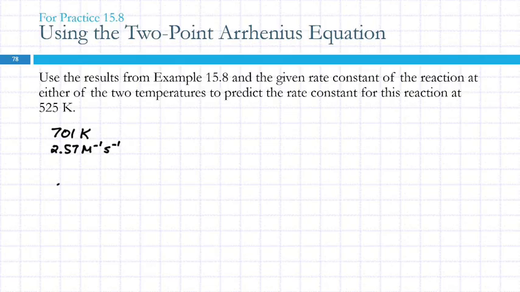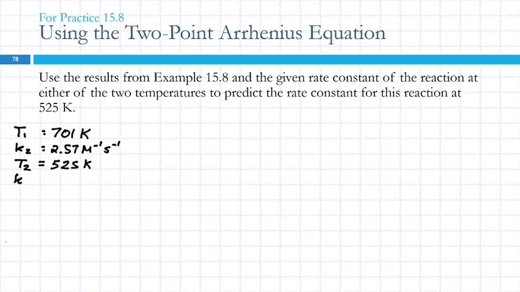Write them down before they leave my brain. So this is a temperature, this is a rate constant. We want the rate constant at 525. So T2 is 525 Kelvin.